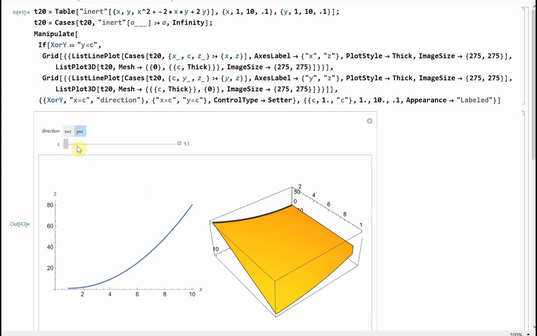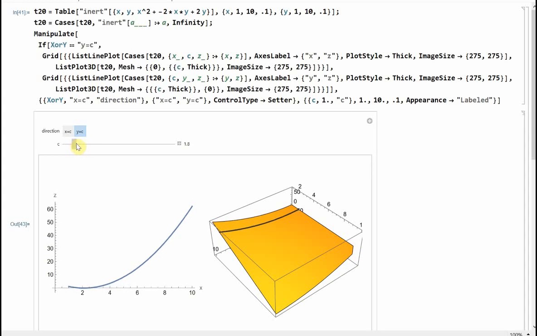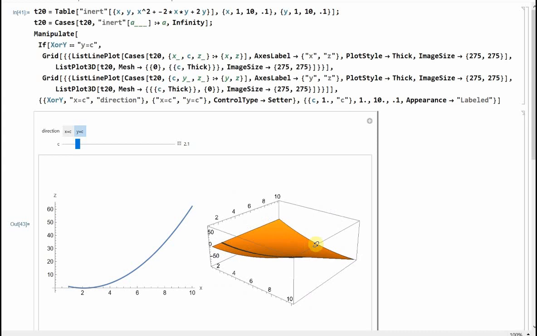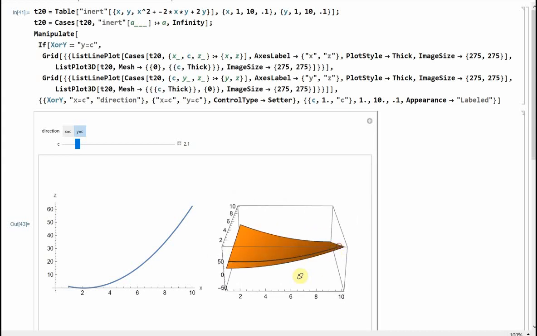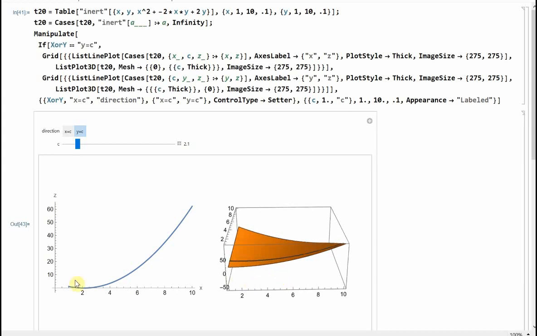But then when it gets up to 2, I get it to sit on 2. It looks like there's a little minimum over here in the middle of that. So if you look at it edge on, you can try to match it up, but it's hard to see where the surface is stretched out there. Okay, but that cross section makes this piece of the parabola.